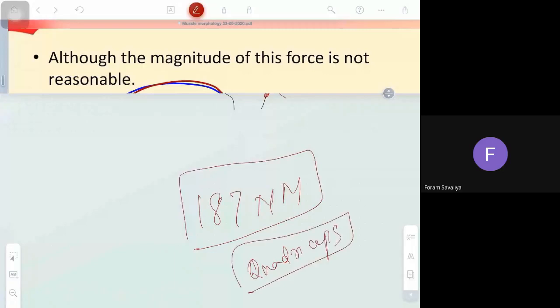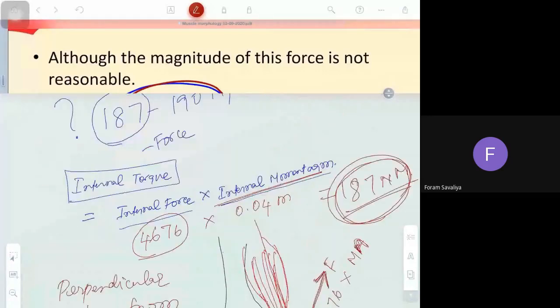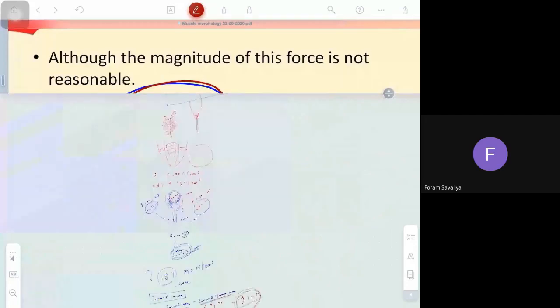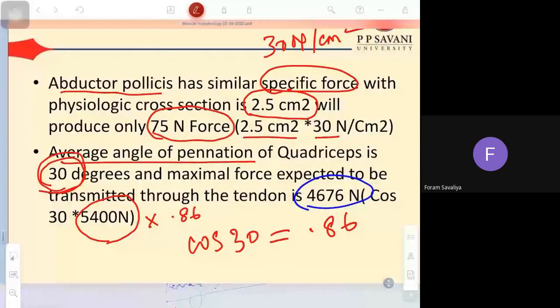So now I have derived how this value has come. In short, first I multiplied 30 specific force of muscle, 30 into 5490.